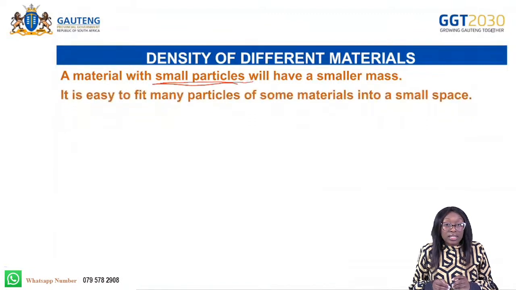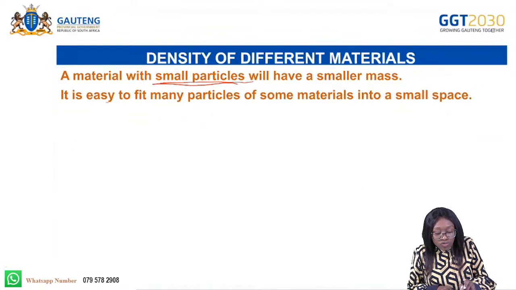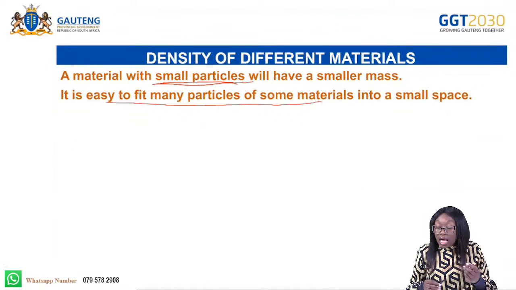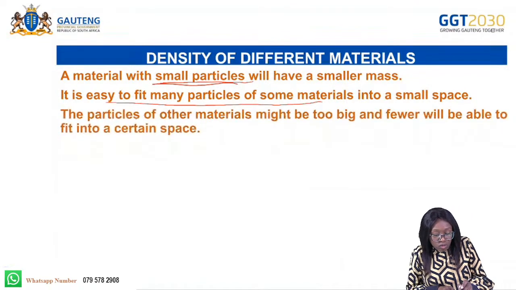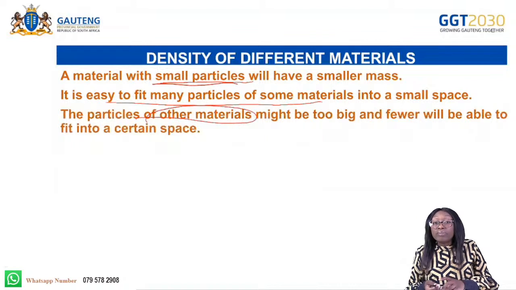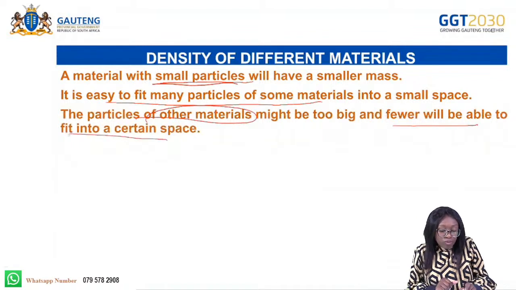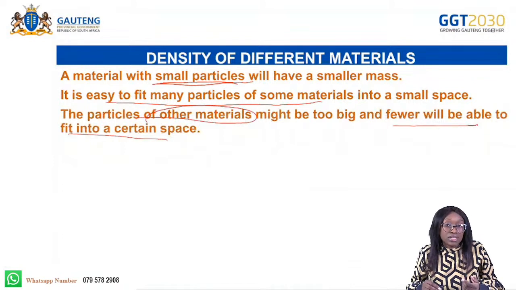It is also easy to fit many particles of some materials into a smaller space, and the particles of other materials may be too big and fewer will be able to fit into a certain space.